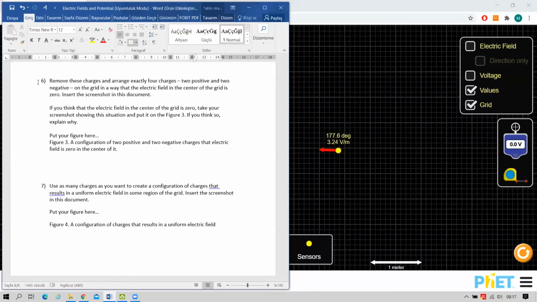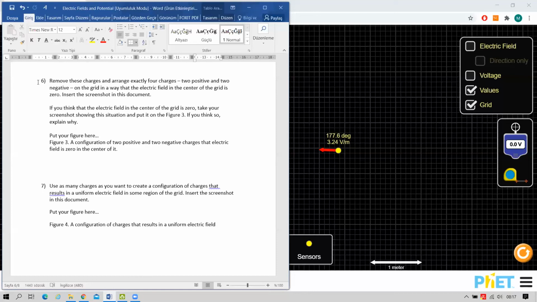You can try the corners of a square. Each corner will have a charge, and check with sensors the middle of the square, the geometrical center of the square, whether you have a 0 electric field or not.